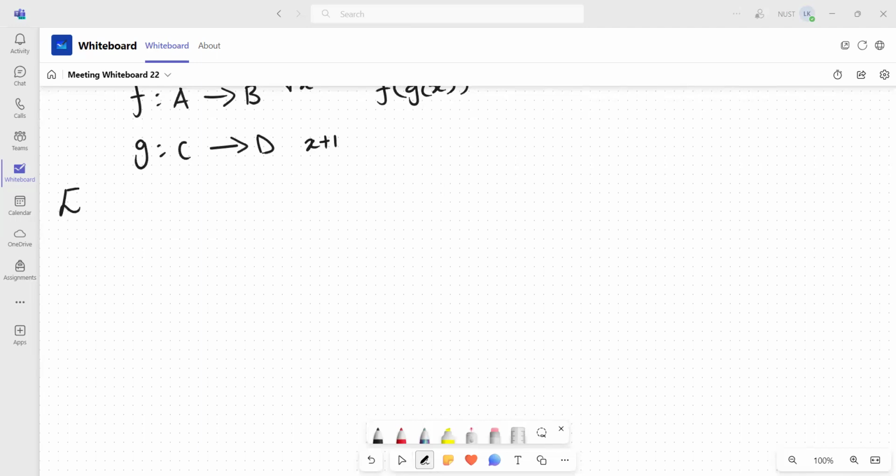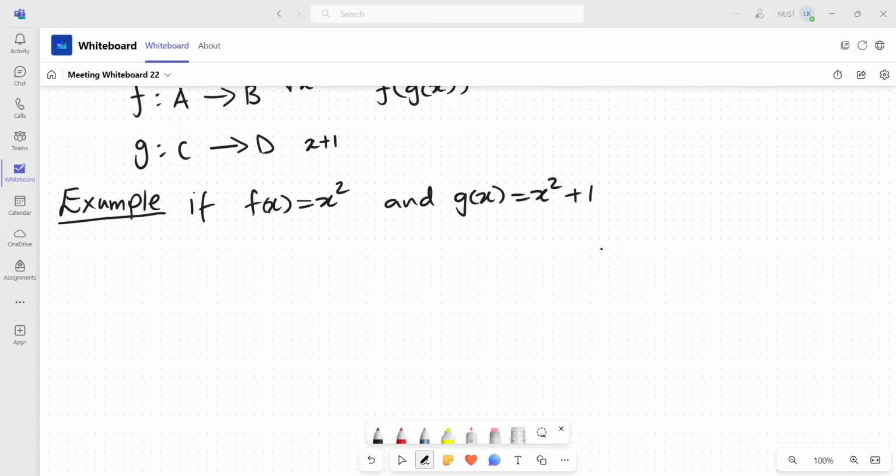So an example, say that f of x is equal to x squared and g of x is equal to x squared plus 1. For f of g of x, into f you're going to put g of x.